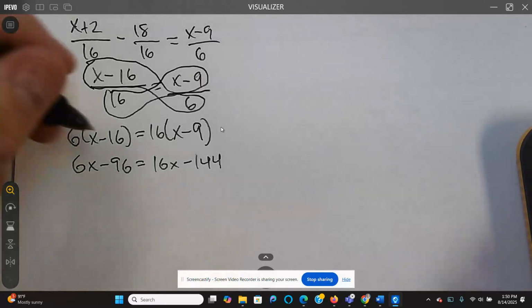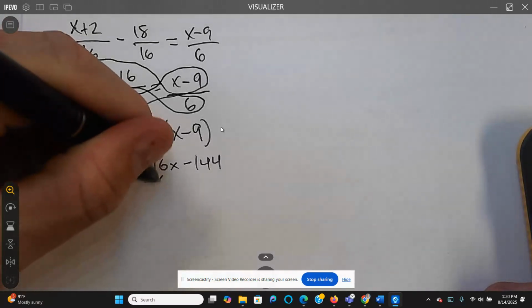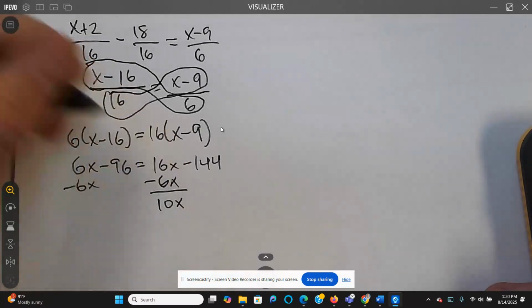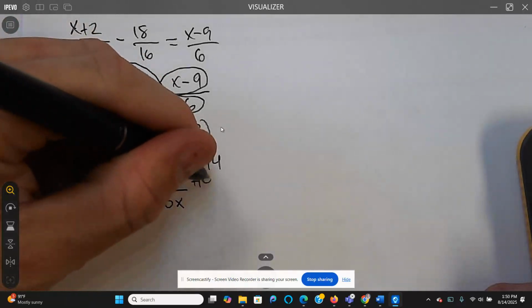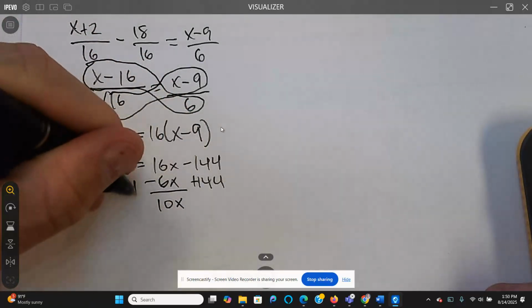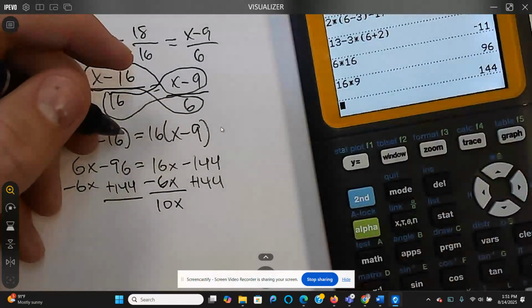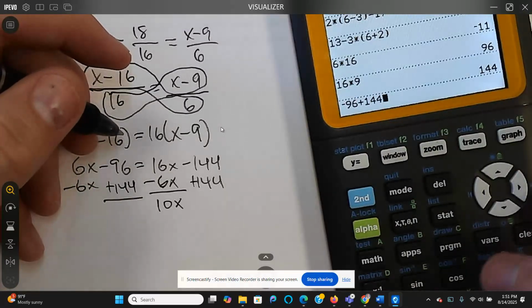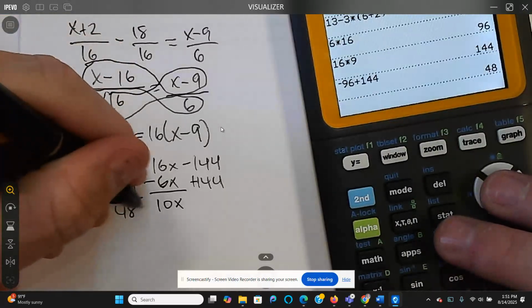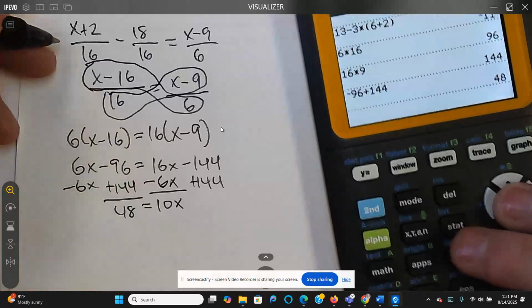Now what could I do? Subtract 6x, subtract 6x, then add 144. I think you get a fraction on this. One of these you do. Might even be both.